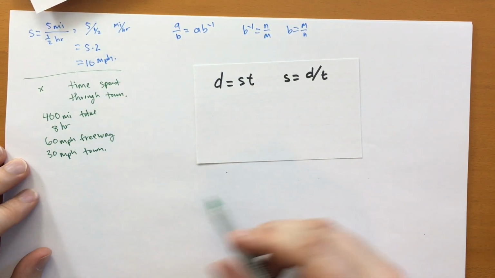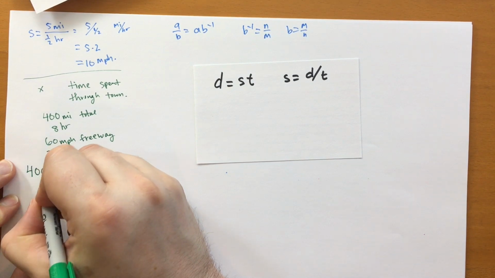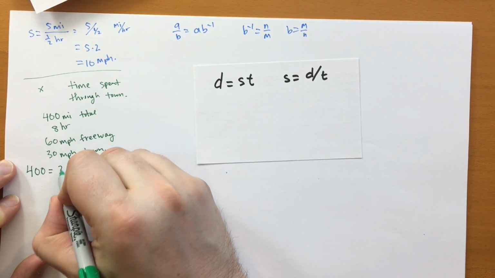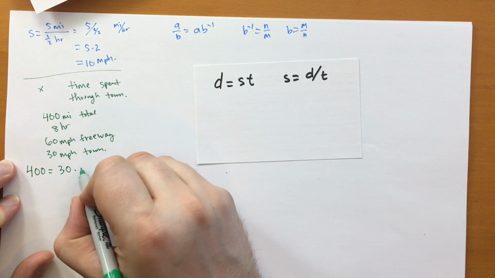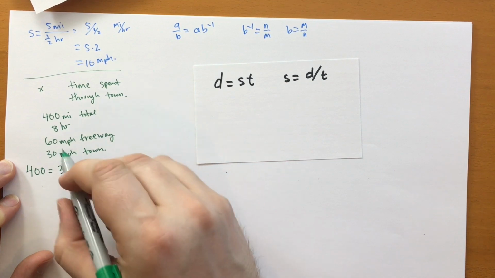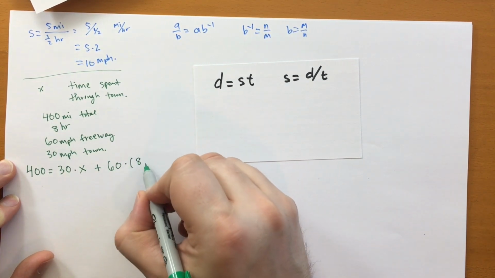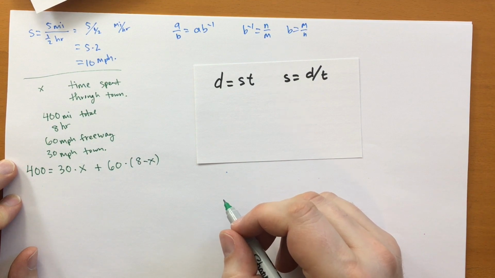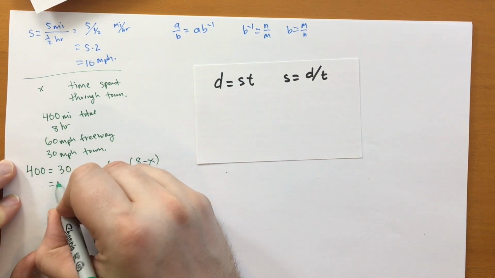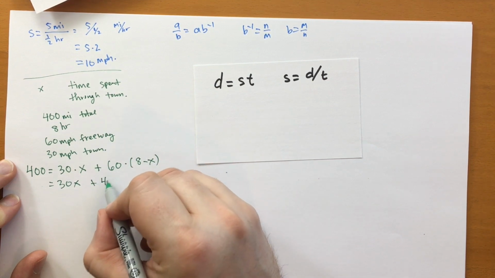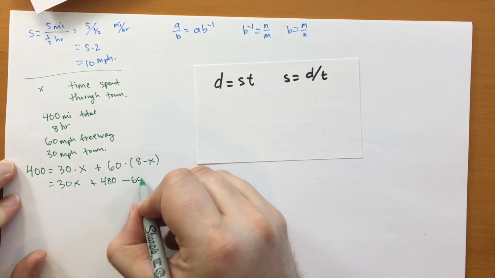So we can write an equation for the distance traveled. He traveled 400 total, where the distance is the speed times the time: 30 miles per hour times the time he spent in town, 30 times X, plus 60 miles per hour times the time he spent on the freeway, which is 8 minus X. Let's simplify. We have 30X plus 60 times 8 is 480, minus 60X.